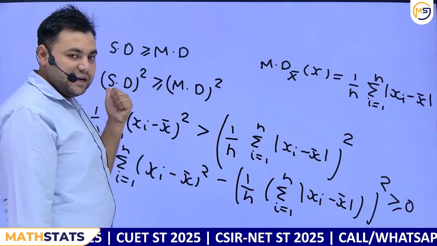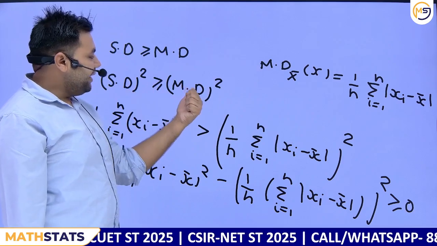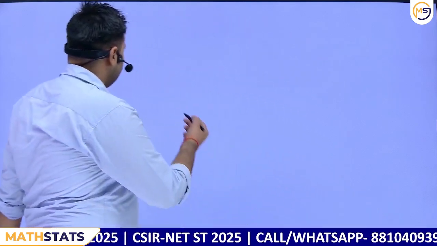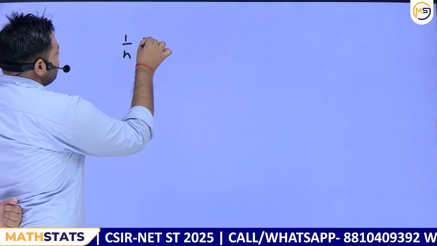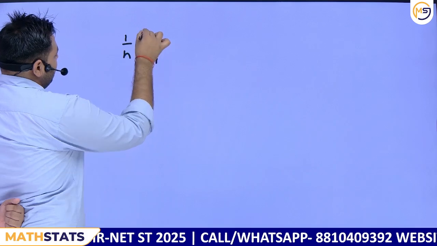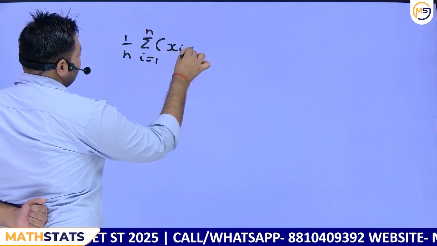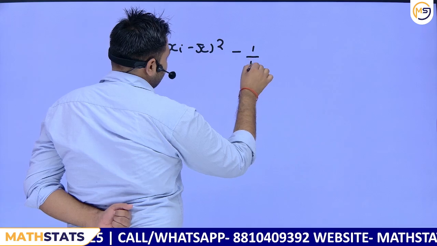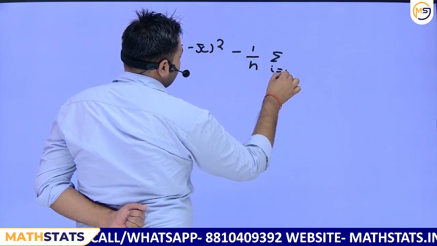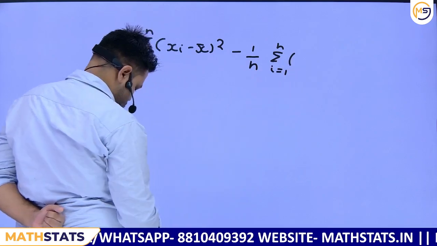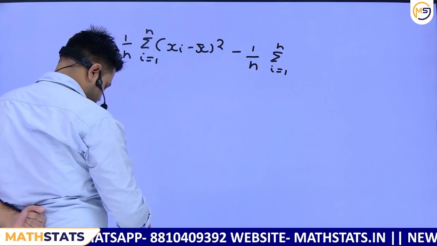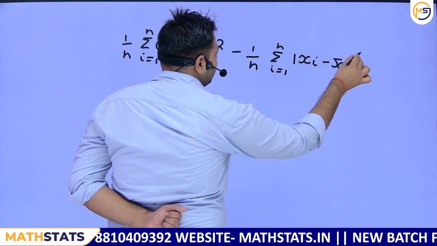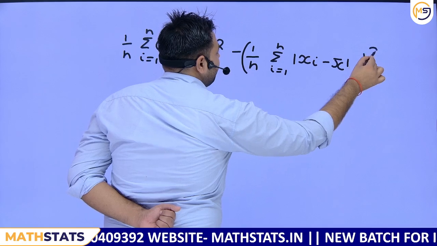Definition of standard deviation square means variance, mean deviation square means mean deviation, then we take the square. So now I am getting 1 upon n summation xi minus x bar square minus 1 by n summation i equal to 1 to n mod of xi minus x bar square.